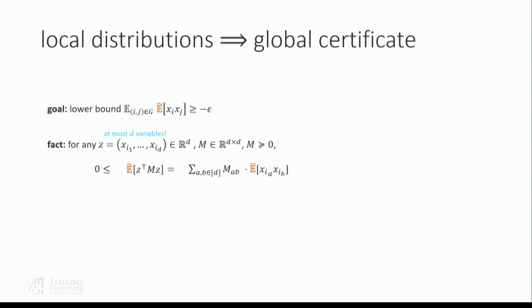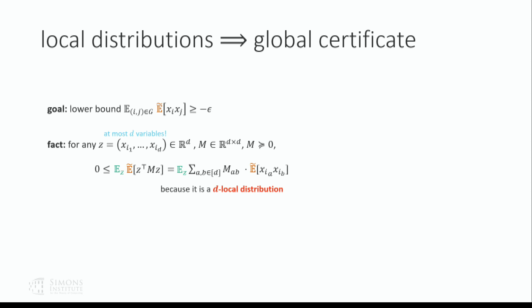I can also write this as a linear form in the pseudo expectations of the pairs, the pseudo correlations. And now, even if I take an expectation over subsets of d variables at a time, this will still be true, because I'm summing non-negative numbers.